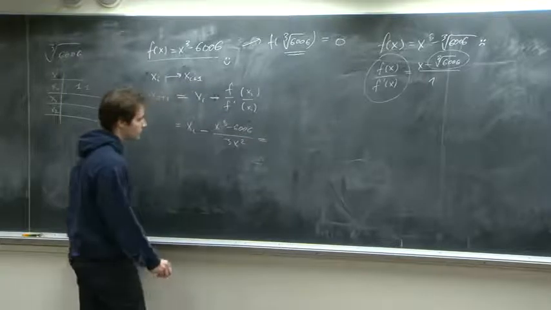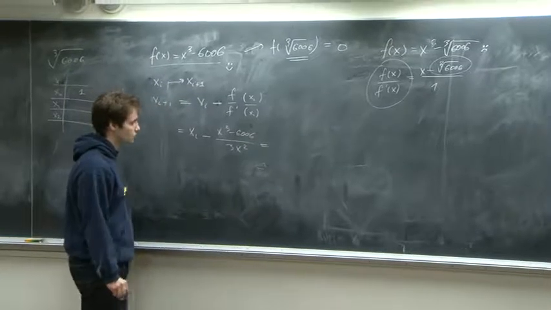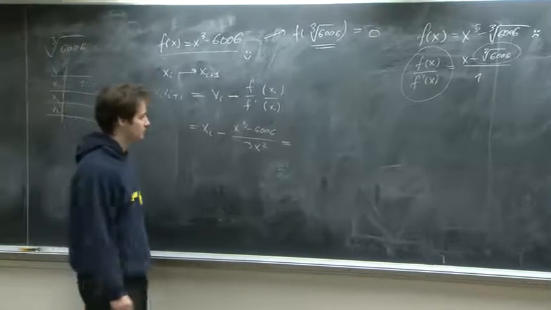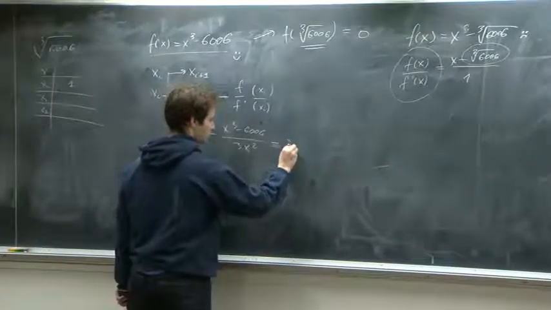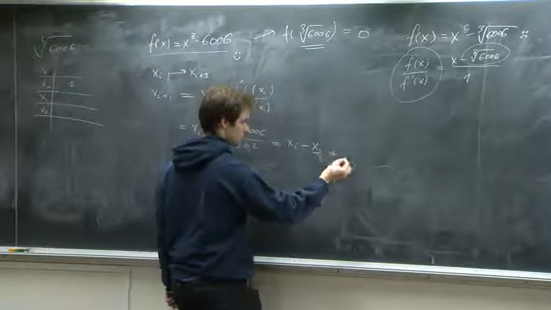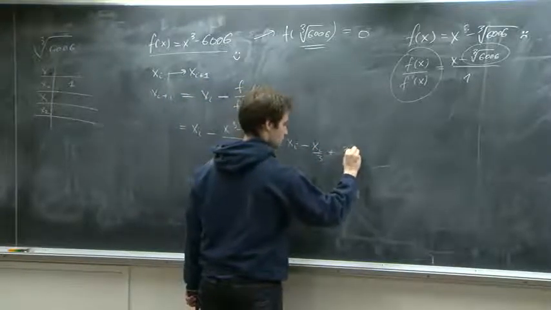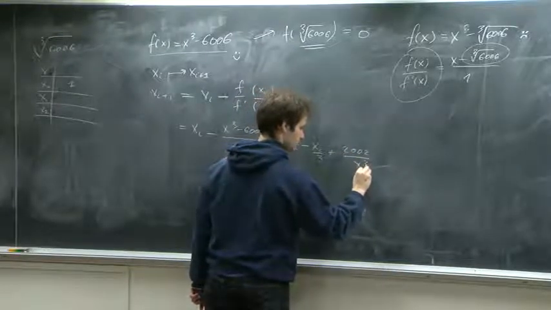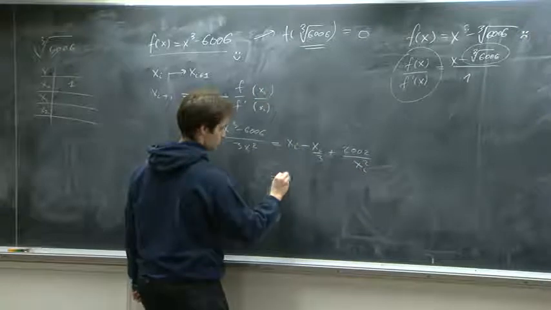Okay. So someone simplify this for me? Xi minus x over 3 plus 666 over 3x squared.